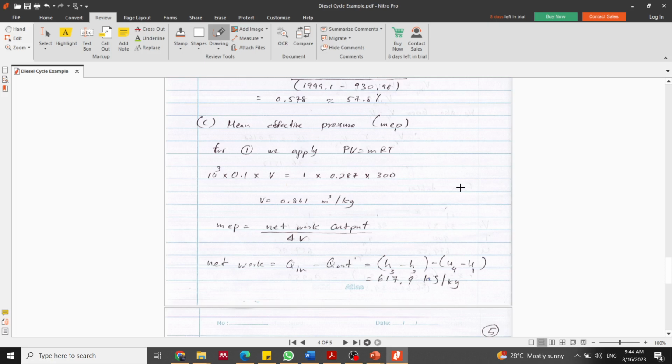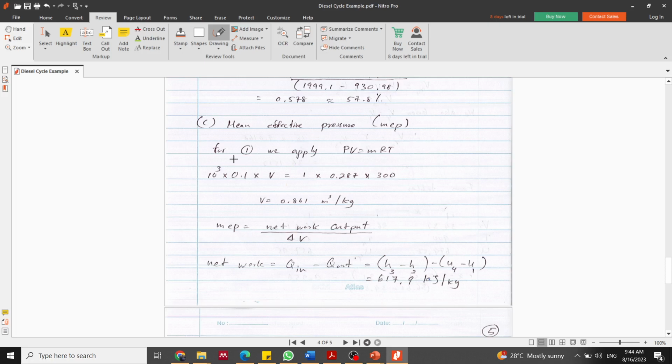Let's say P MEP. So the net amount of work should be equal to P MEP multiplied by the delta V. So that is what is being asked there.